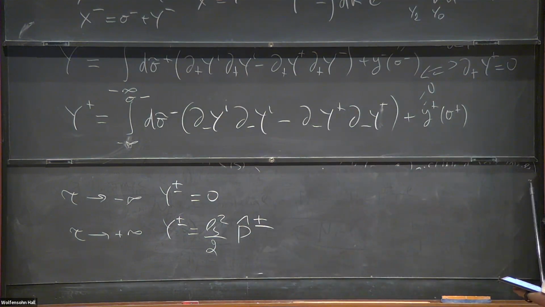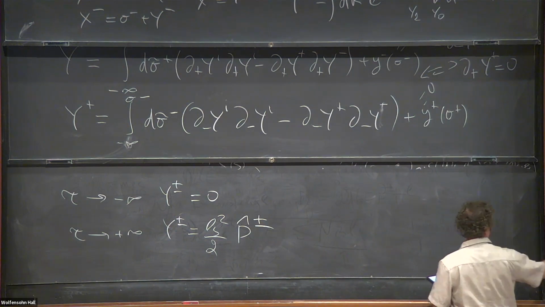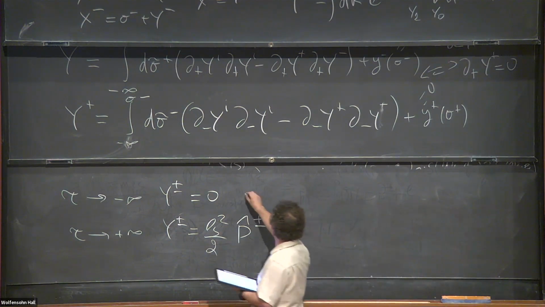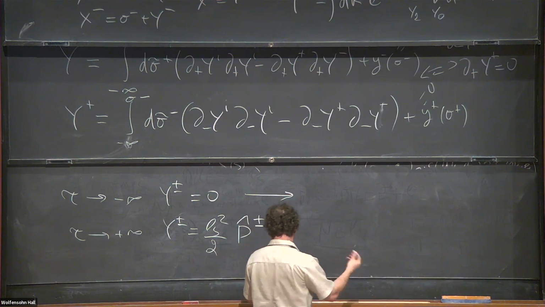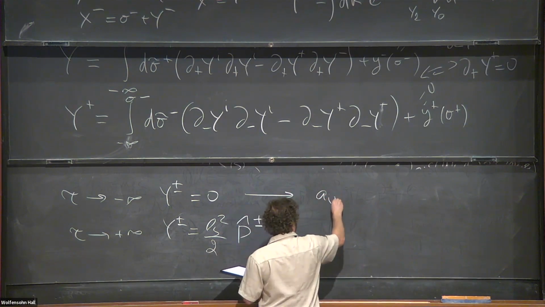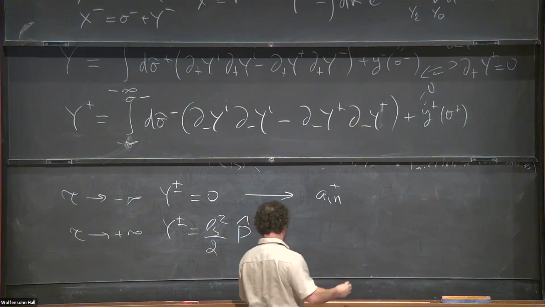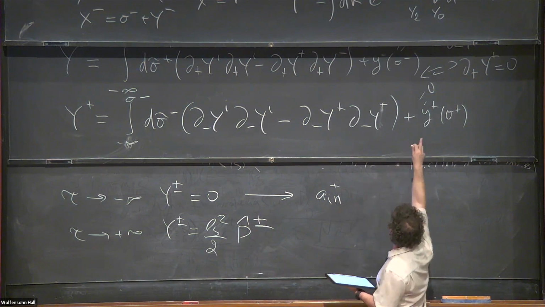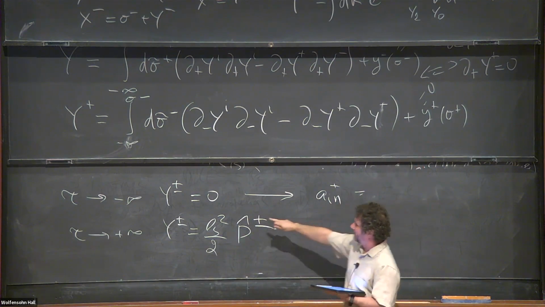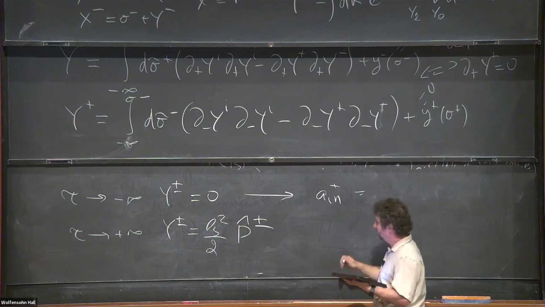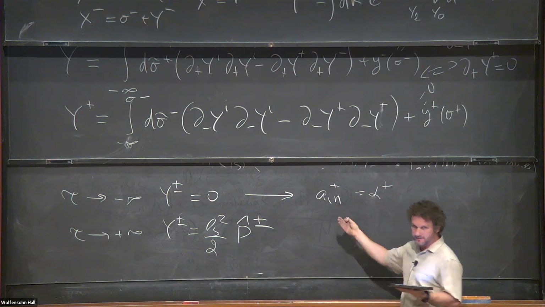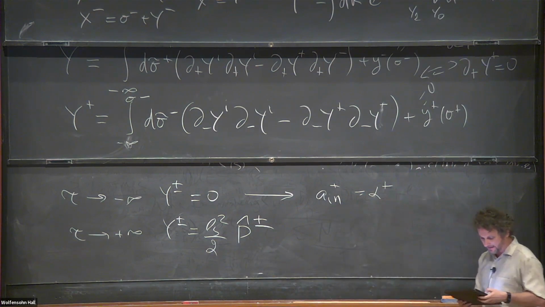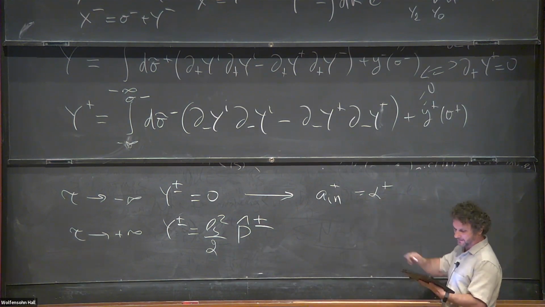By looking at the two asymptotic regions, I conclude that the in operators in the asymptotic past, let me call them A as opposed to the alphas, which I'm using there, are, because these y's are 0 at tau minus infinity, just equal to alpha.